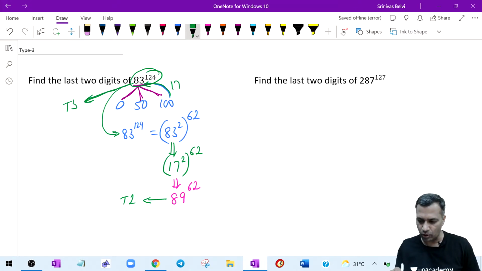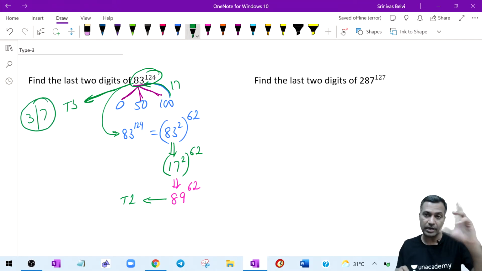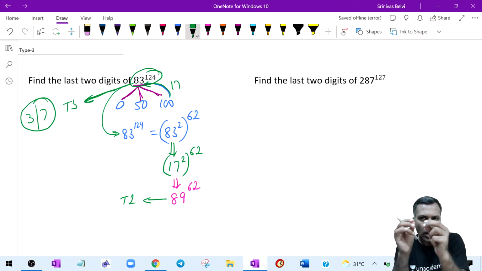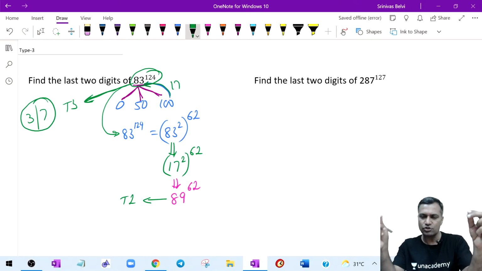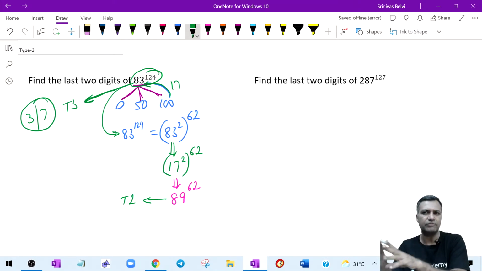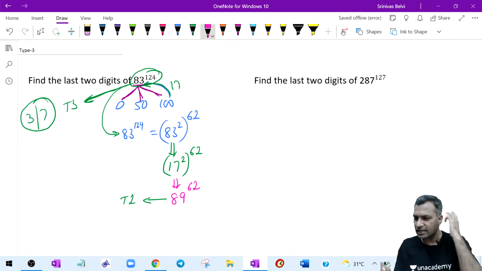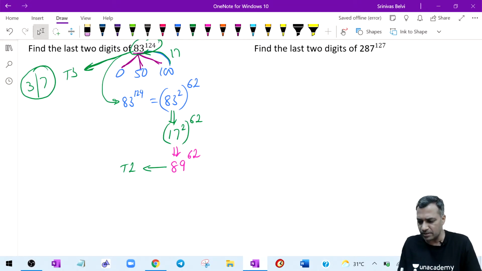So I looked at the problem. It was a type 3 problem. A number ending in 3 or 7 becomes a type 3 problem. Why? I learned one simple concept in between: the last two digits of n square will be the same as (50 minus n) square, (50 plus n) square, etc., just to convert it quickly into a type 2 problem. The moment you get into a type 2 problem, the next step is to convert it to a type 1 problem. How do you do that?